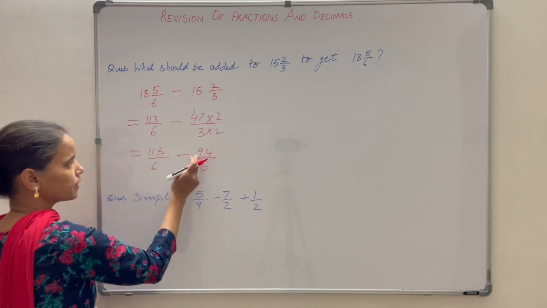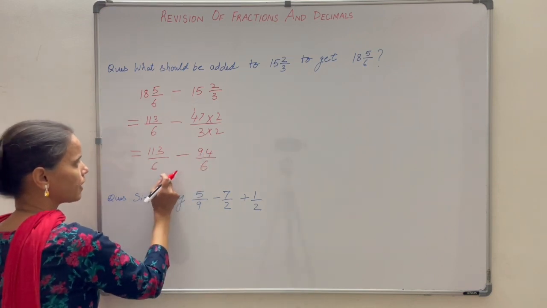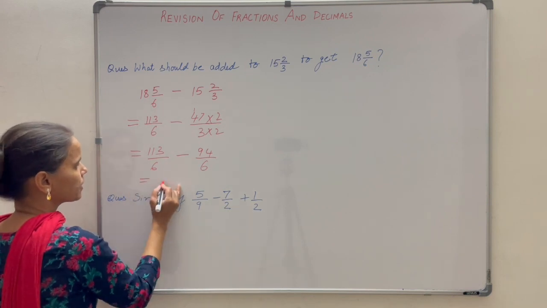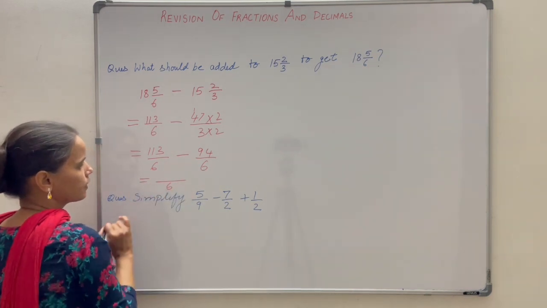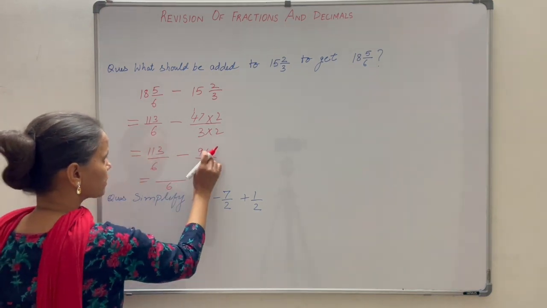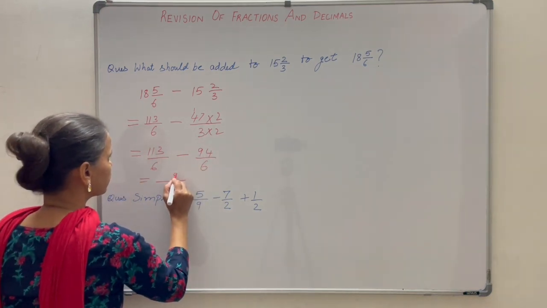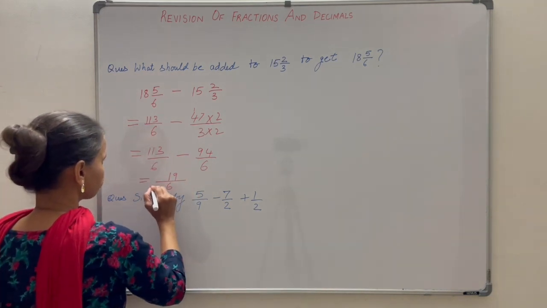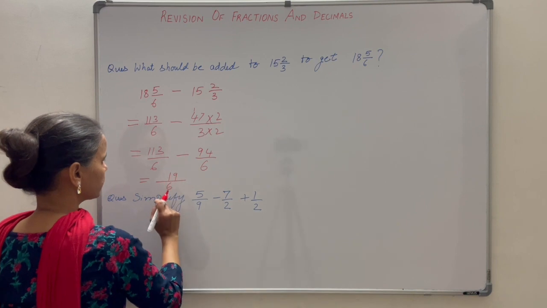So from 113 you have to subtract 94. You subtract numerator from numerator and you write the denominator as it is. So we write 6. So 113 minus 94 is 19.